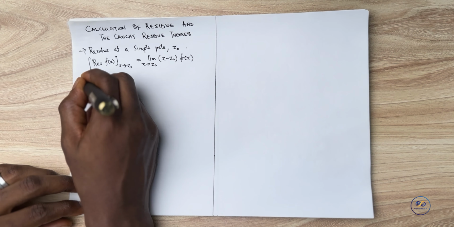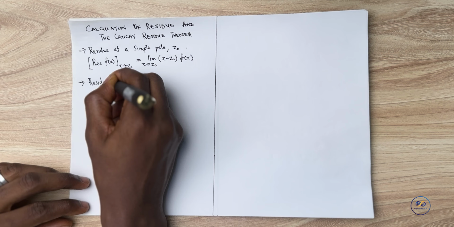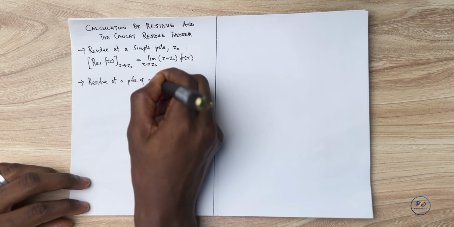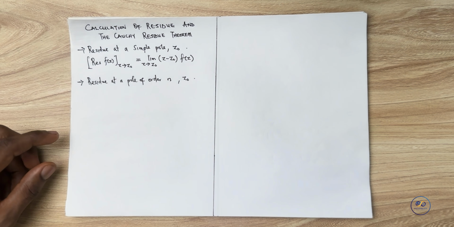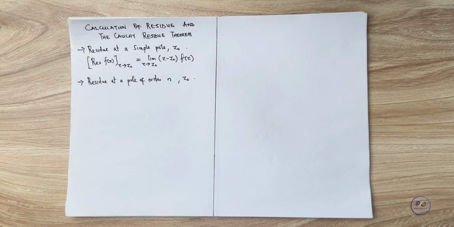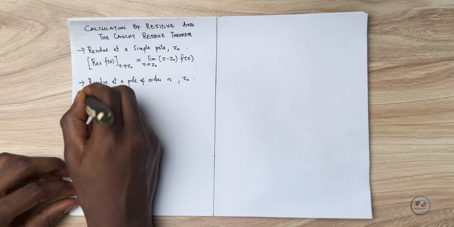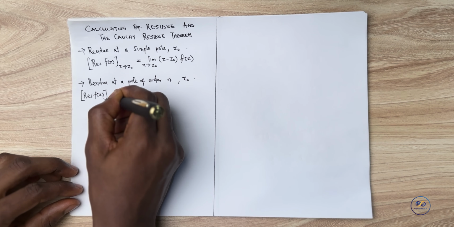The next kind of residue calculation that we can make is the residue at a pole of order n. Let's take z0 still. So this time around, z0 is a pole of order n: order 2, order 3, order 4, and so on. Now, in this case, we would write a very robust formula to help us calculate the residue of f of z at z0.